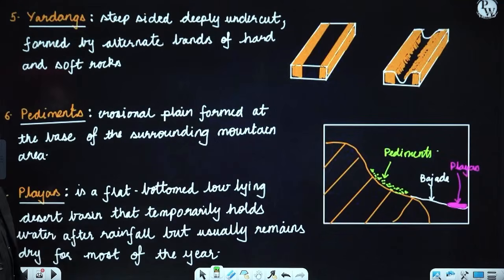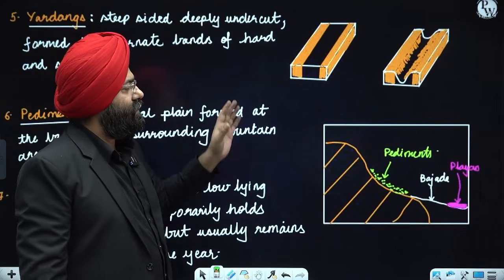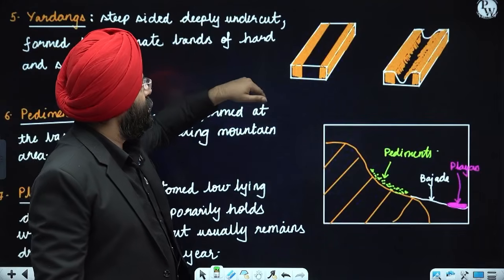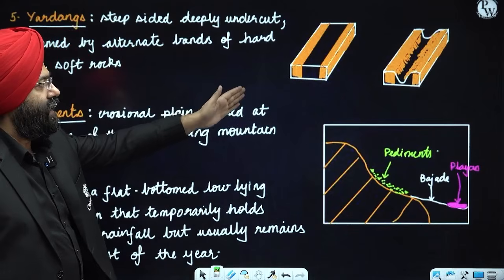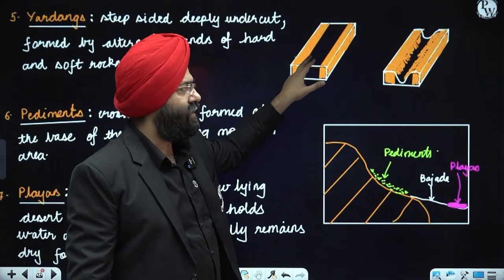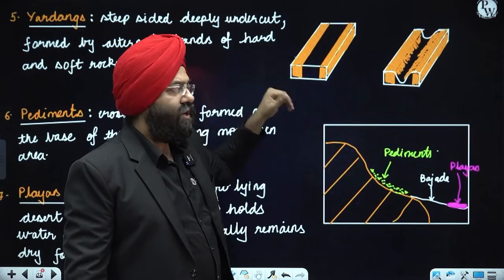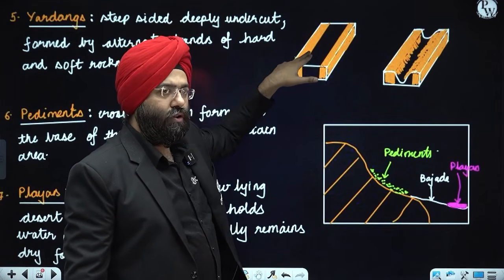Okay, let's move ahead. Yardangs. These are generally formed where you would see alternate bands of hard and soft rock. Let us assume the yellow part is hard rock and the white part is a softer rock. Obviously, when the wind erodes, it will erode the softer rock faster than the harder rock.